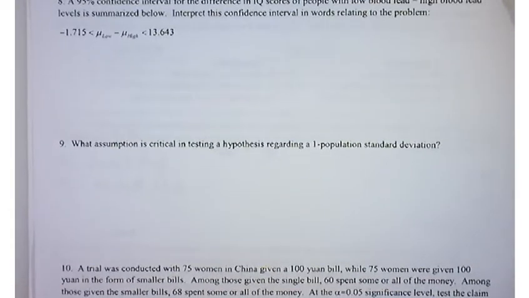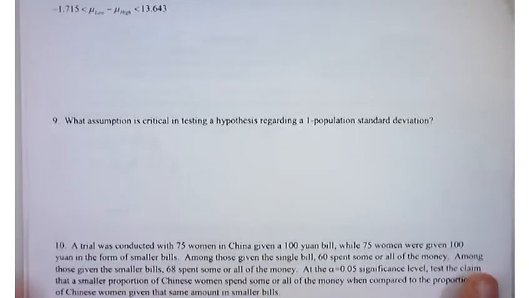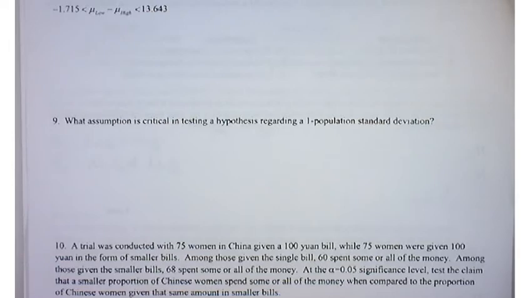What assumption is critical in testing a hypothesis regarding one population standard deviation? Oh, yeah, when we went over this back in section 8.4, I think it was. Let me just take a look here.